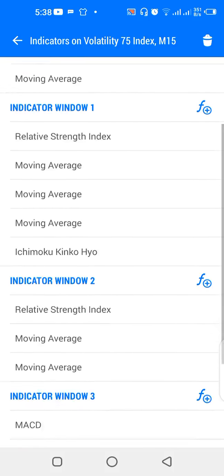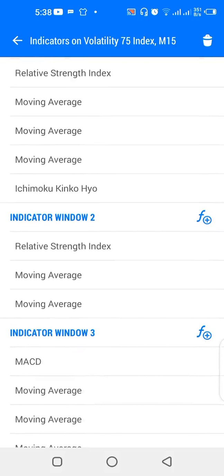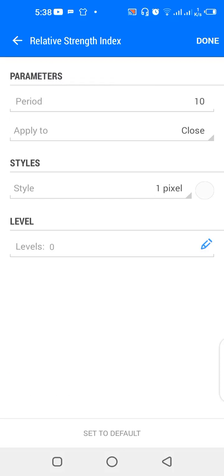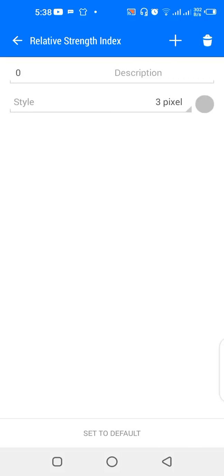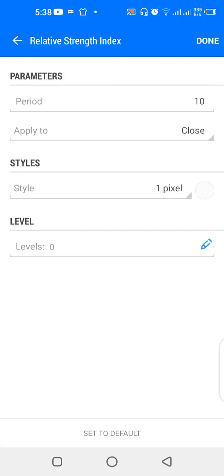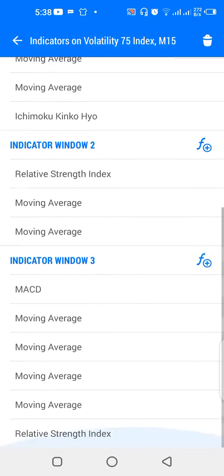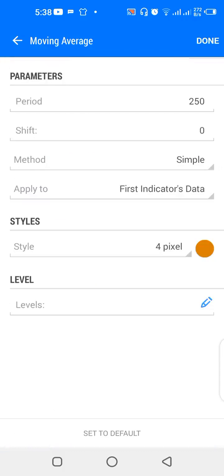Okay, so for indicator window 2, we have the relative strength index, and these are the settings. The period is 10, apply to close. Okay, then the levels, you have 0 level. Still on indicator window 2, we have moving averages.